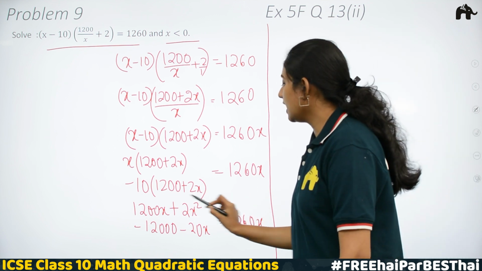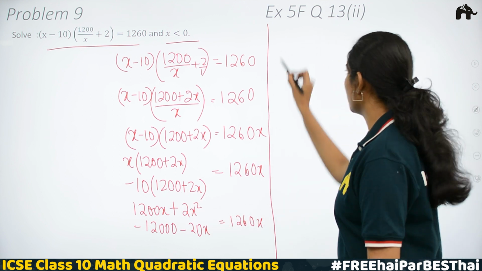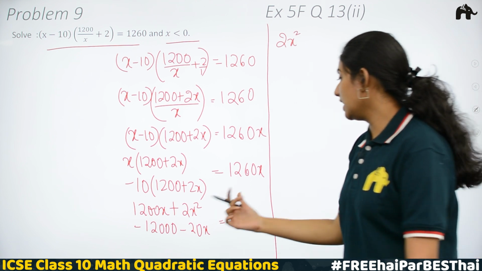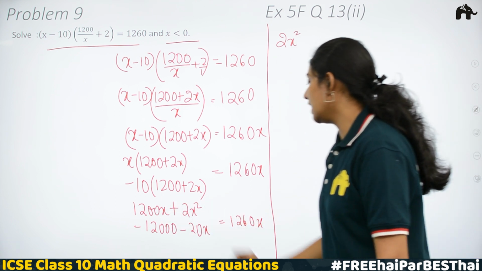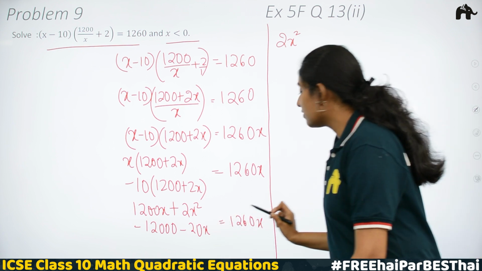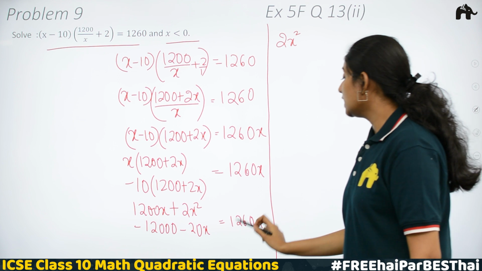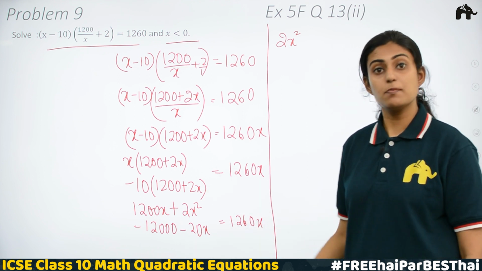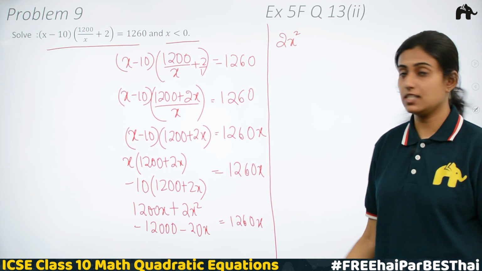Now taking all the terms to the LHS. Terms containing x square, we have 2x square. Next, terms containing x, we have 1200x minus 20x and a term from RHS, 1260x. When we take it to the opposite side, it becomes minus 1260x.